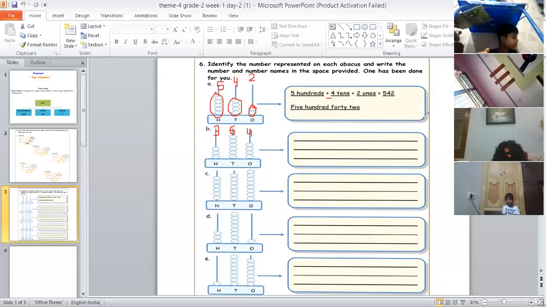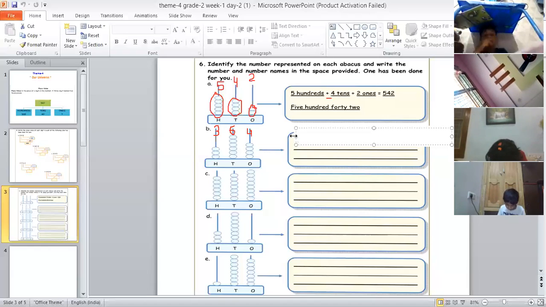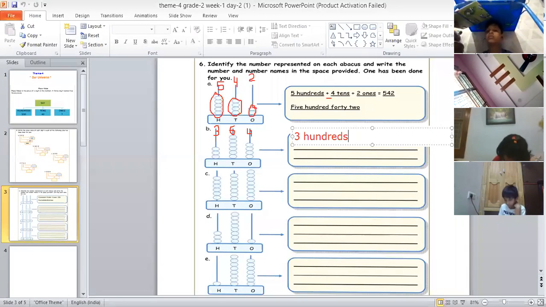Now, Misbah, you tell me its expanded notation for this number 364. First, we'll write here 3 hundreds, and then we'll write the hundreds spelling here. Then plus.